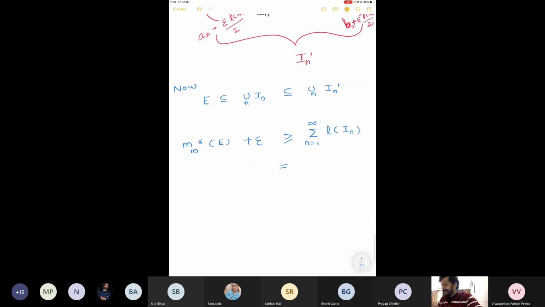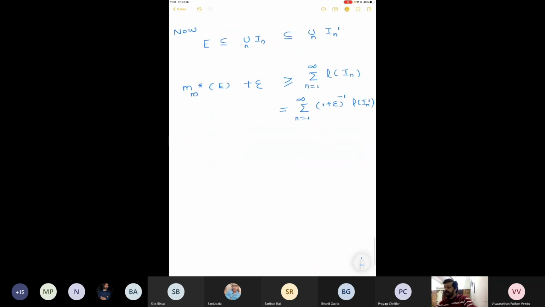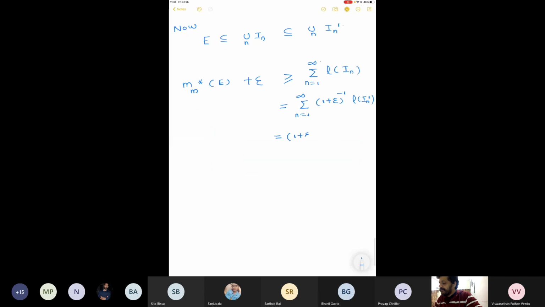So this can be written as summation n equal to 1 to infinity, (1 plus epsilon) to the power minus 1, that is 1 by (1 plus epsilon), times the length of I_n'. This is how I selected I_n and I_n'. So 1 plus epsilon I can pull out from the summation, leaving the summation n equal to 1 to infinity of the length of I_n'.